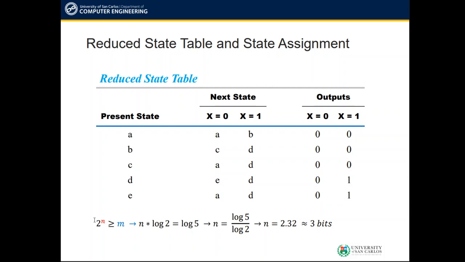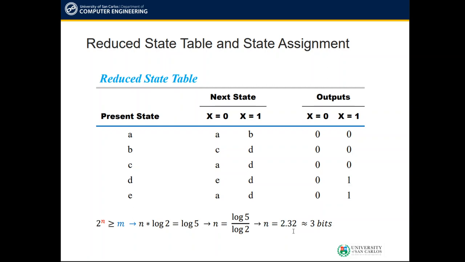There are 5. To solve this, we use logarithms, because the left side of the equation is an exponent and we want the value for n. Multiplying by log, n times log 2 equals log 5, and log 5 divided by log 2 becomes 2.32.